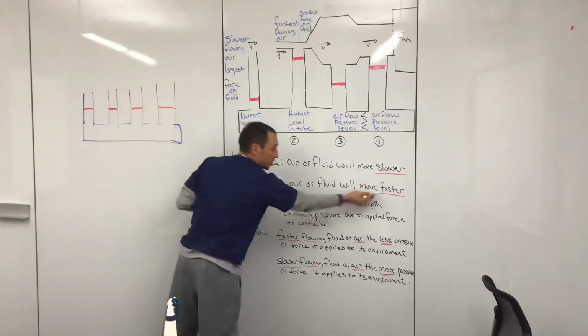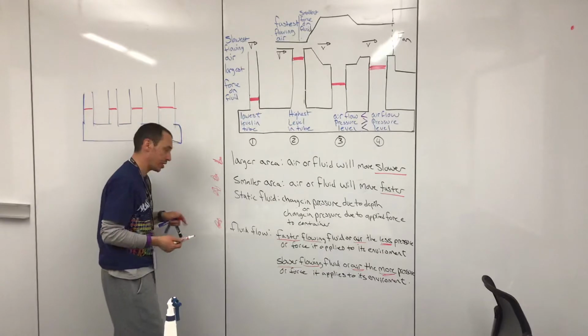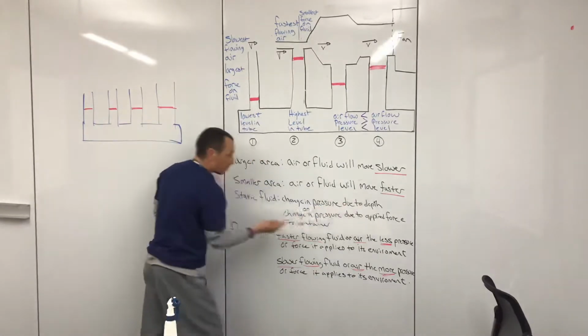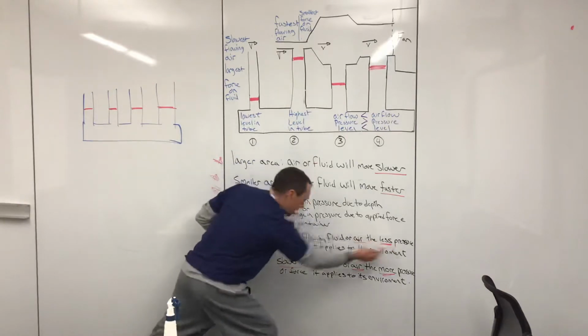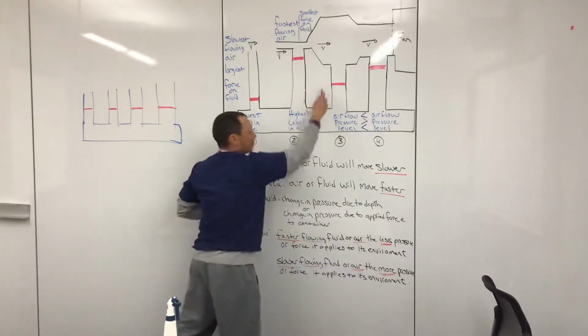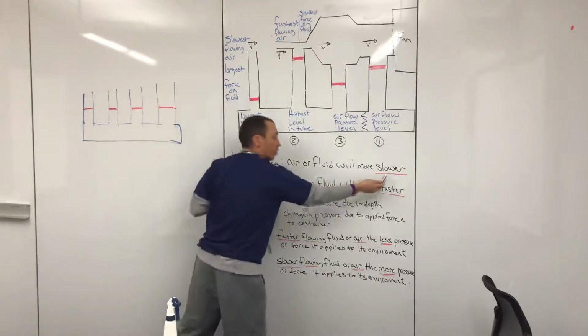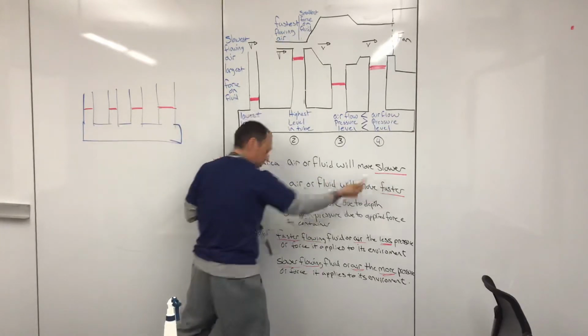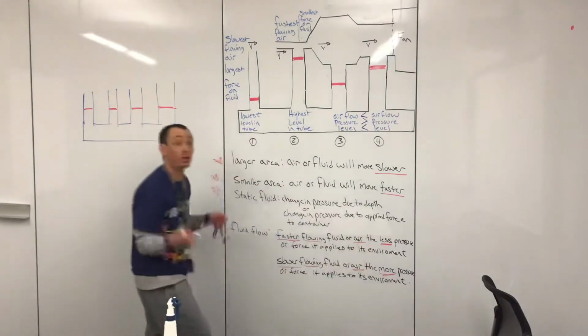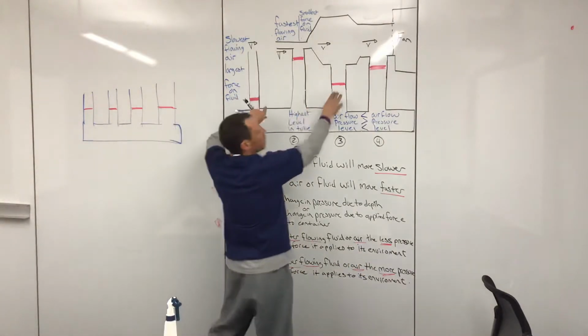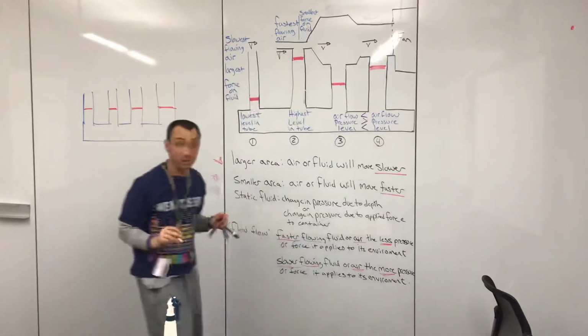The smaller the area, the faster the air flows. That means it applies less pressure or force to its environment, versus air flowing slower in a larger area, which applies more pressure or force to its environment, in this case the fluid in these tubes.